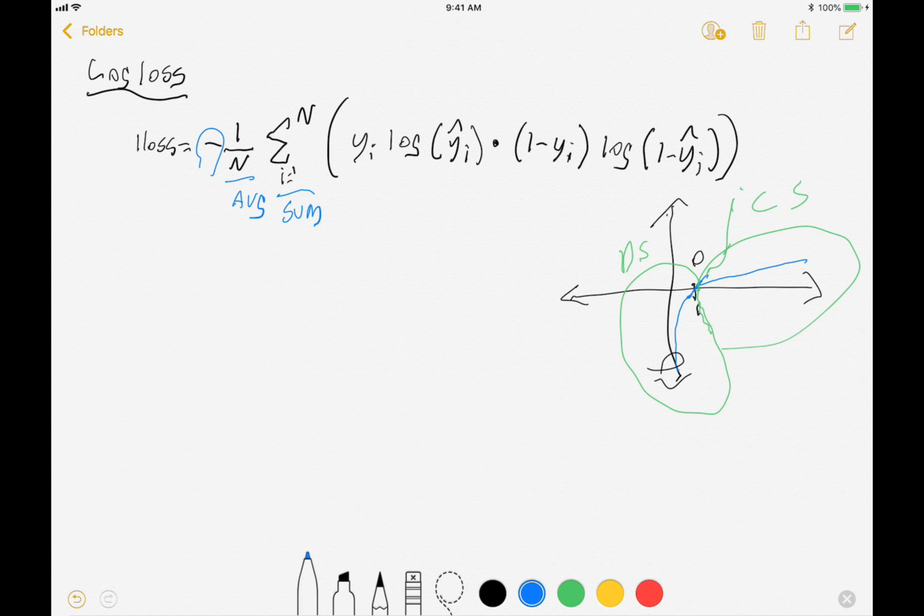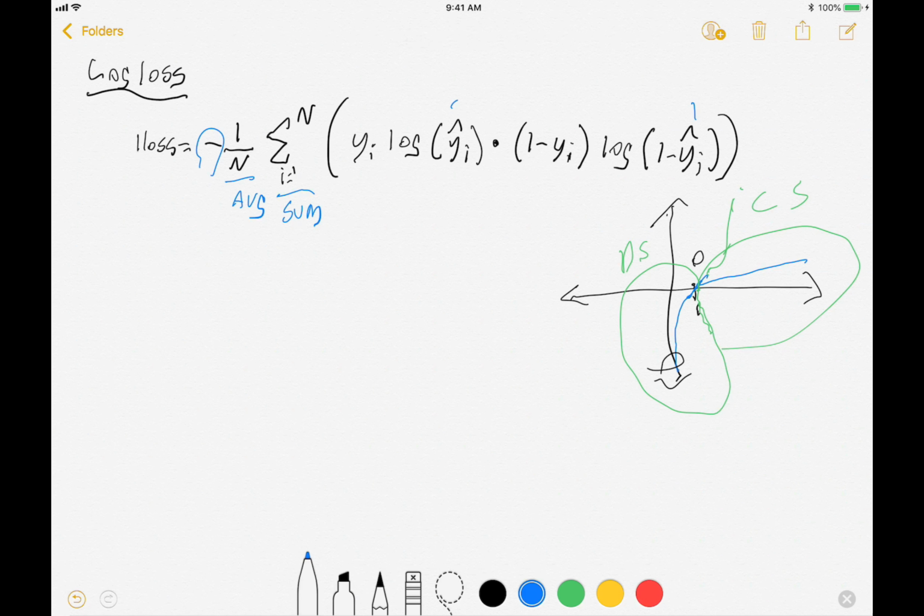Y-hat, by the way, are your predictions. So the 2 y-hats that you see here and here, those are your predictions. Y is the truth. That is the value you're comparing it against. And we have the subscript i on each of these, just because that's the individual training set element and your prediction.